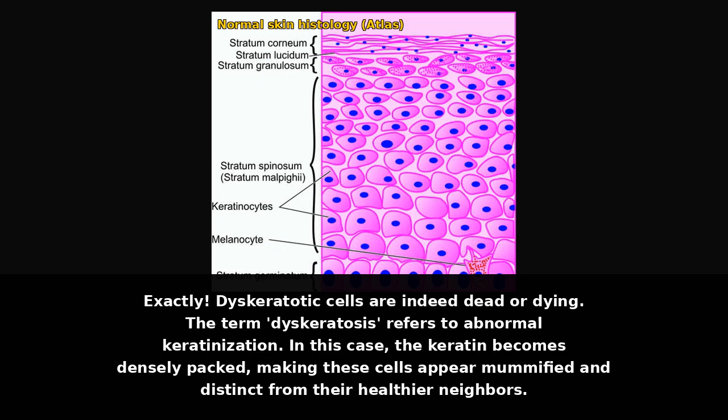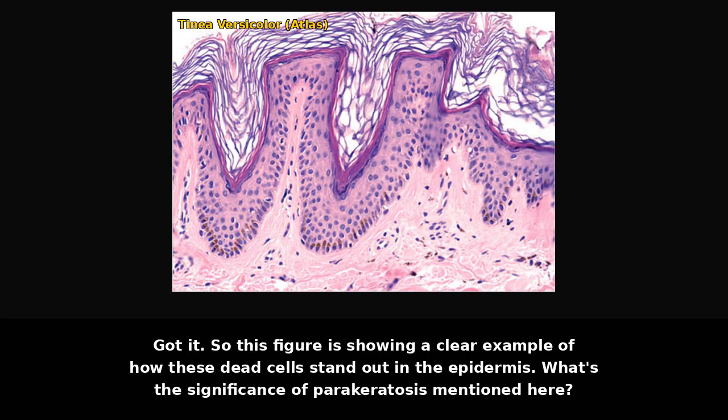In this case, the keratin becomes densely packed, making these cells appear mummified and distinct from their healthier neighbors. Got it. So this figure is showing a clear example of how these dead cells stand out in the epidermis.